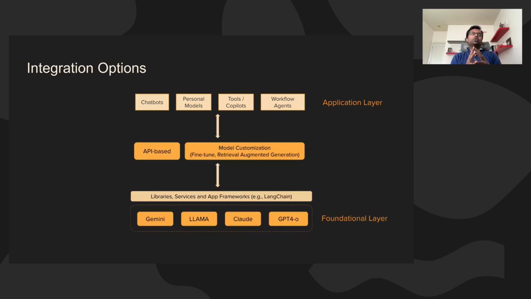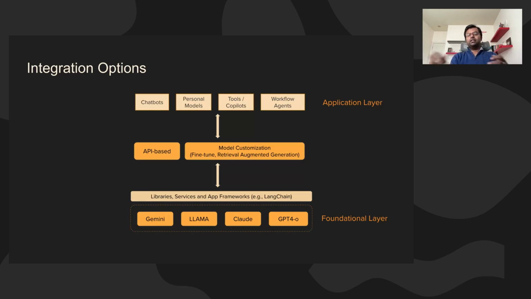Now, you can almost think about two ways of integrating with AI models. One is API based. So you have APIs that are offered by some of these models. Let's say GPT-4o. You write a simple API call, you're able to get some response from the model, and then you can build the application. The other category of integration involves model customization.